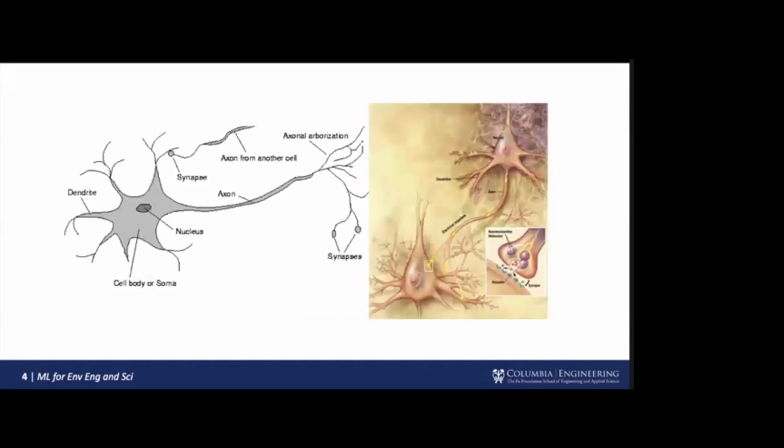This figure here shows a biological neuron. The dendrites receive signals from other neurons here, right? The cell body combines these signals. If the combined signal is strong enough, then the neuron activates. The signal then travels along the axon to other neurons through synapses, shown in this image.